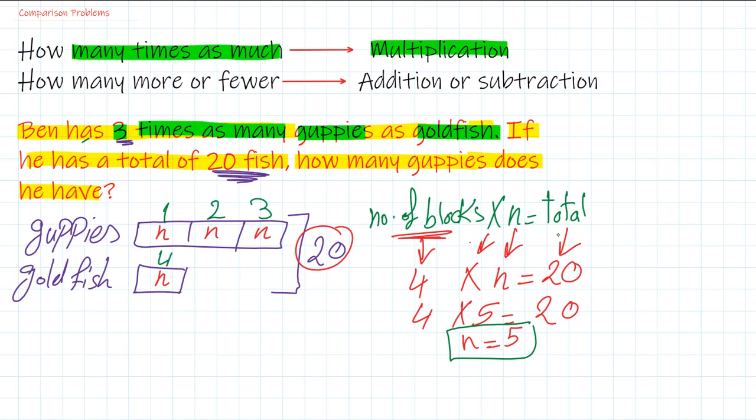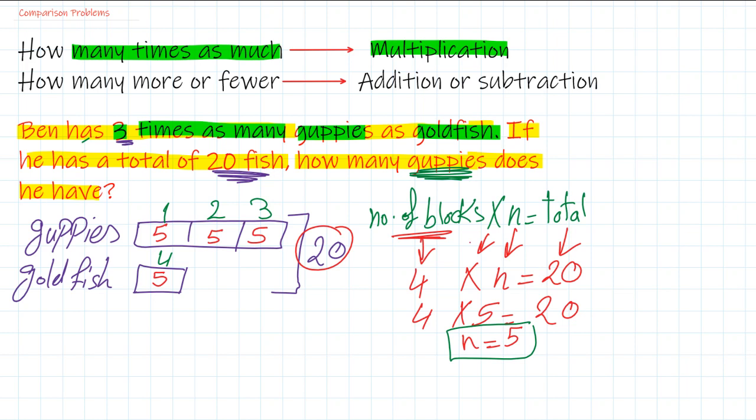Okay, so he's asking about guppies, right? Guppies have 3 blocks. So let's erase n and replace each n with 5. So we have 3 fives in guppies.